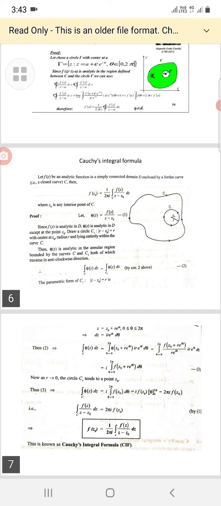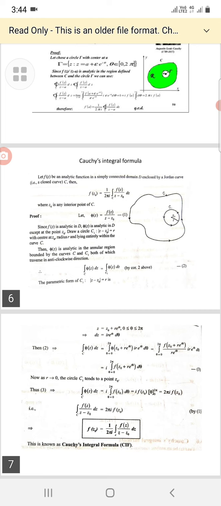So the integral over C of phi of z dz is equal to the integral over C1 of phi of z dz, which is the integral from 0 to 2 pi of phi of z, where z is z0 plus r e to the power of i theta, and dz is i r e to the power of i theta d theta.